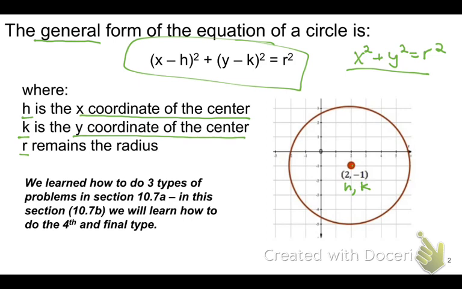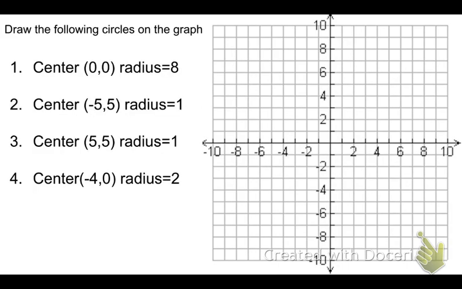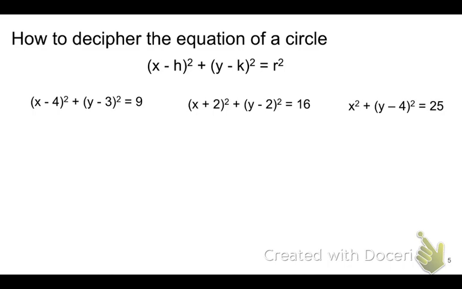In the last section, we learned how to do 3 types of problems. In this section, we're going to learn how to do a 4th and final type for this chapter. We already did our compass work together, so we're going to jump directly to how to decipher the equation of a circle.